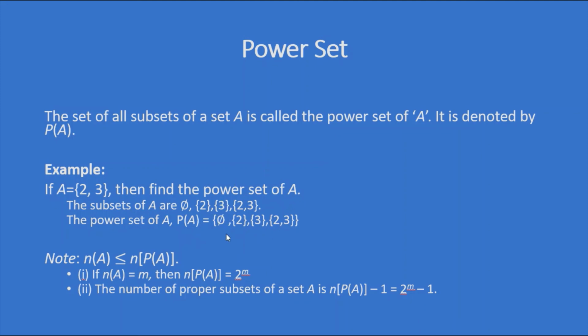The whole set is called the power set of A. Note: n(A) is less than or equal to n(P(A)). If n(A) = m, then n(P(A)) = 2^m. This is a formula and you have to study this. The number of proper subsets of a set A is n(P(A)) minus 1, which is 2^m minus 1.